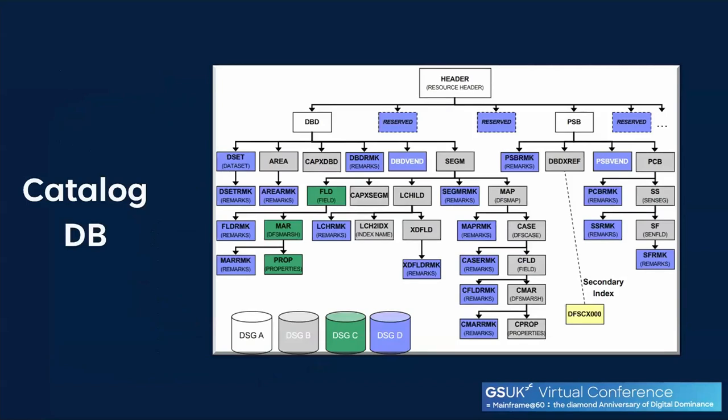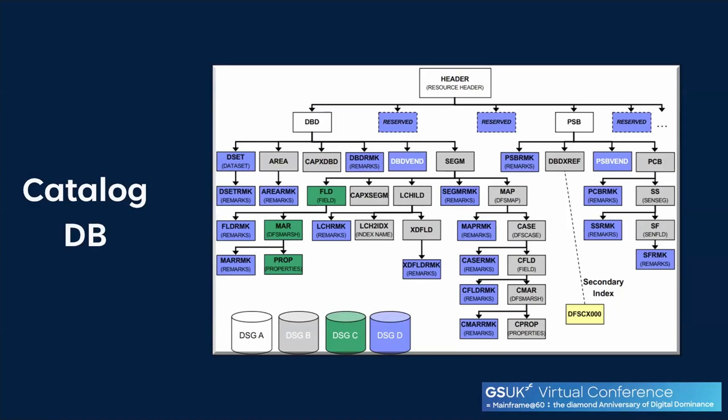So you might have seen this picture, which is basically your catalog database. This is a hierarchical HALDB, PHIDAM, OSAM database. You have a root segment, you have dependent segments, and so on. You can see that for the DBD, the left hand hierarchy houses all those macros which you define on the DBD source side.